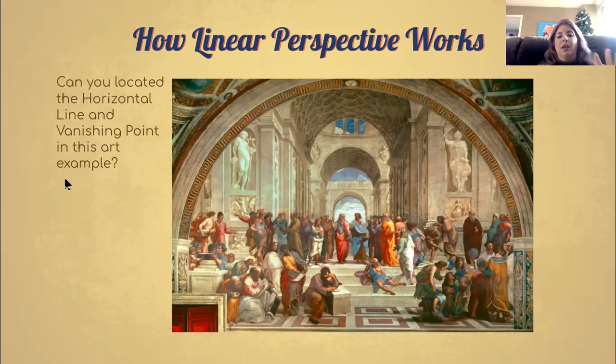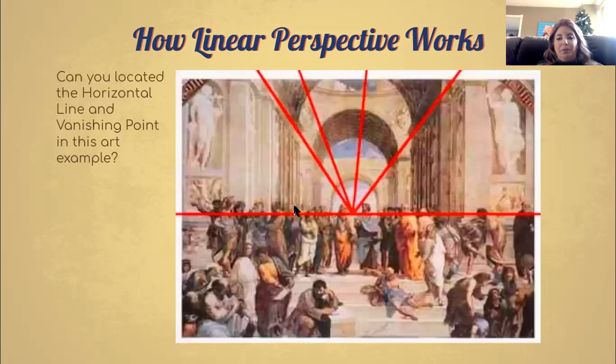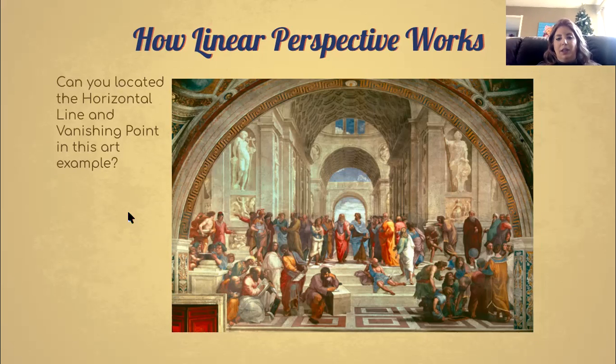All right, so I think we can all agree that the horizon line is going right across where all of these men are standing together, right? And the vanishing point, just by looking at the direction of the lines of where they are going, if you look at some of these, like, what's this called?